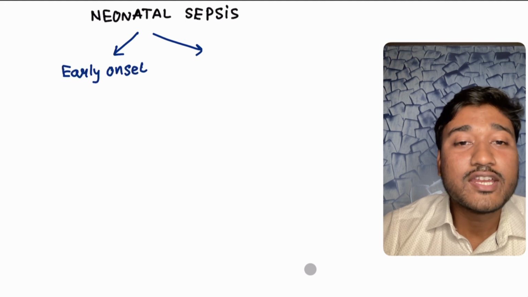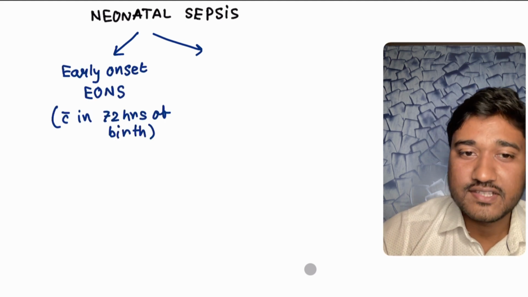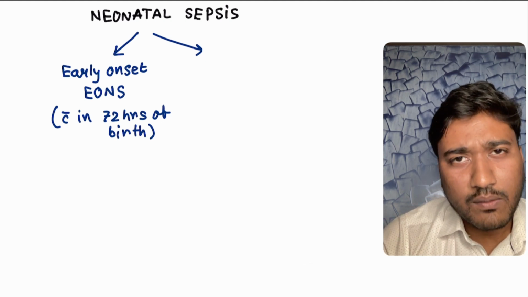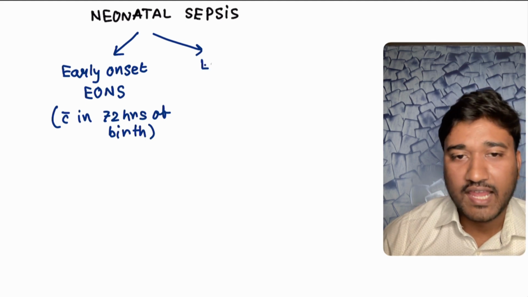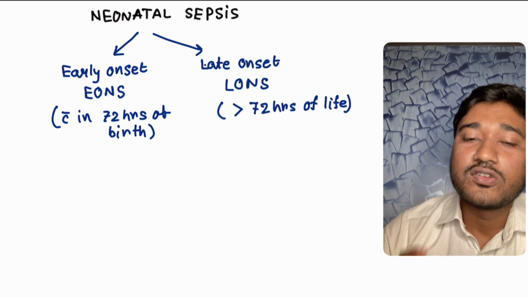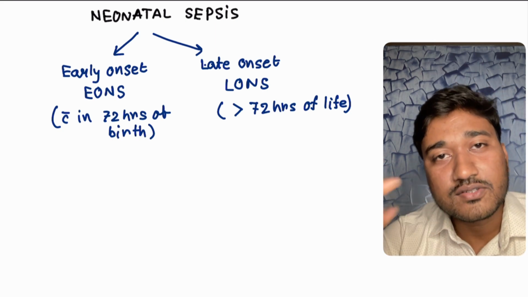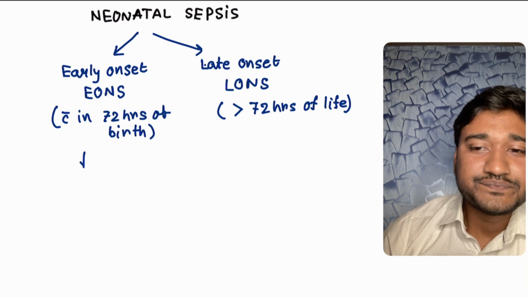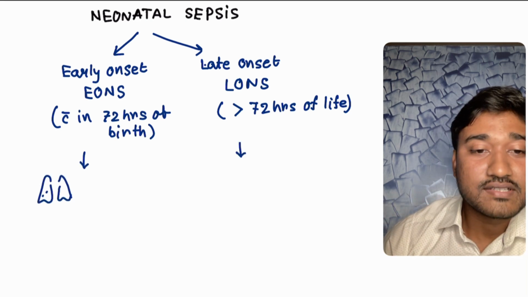So, broadly, neonatal sepsis is classified into early onset neonatal sepsis. That is, the sepsis which occurs within 72 hours of life is called early onset neonatal sepsis. And there is another variant which is called late onset neonatal sepsis. The sepsis which occurs after 72 hours of life is called late onset. So, let's see what could be the major presentation of early onset neonatal sepsis.